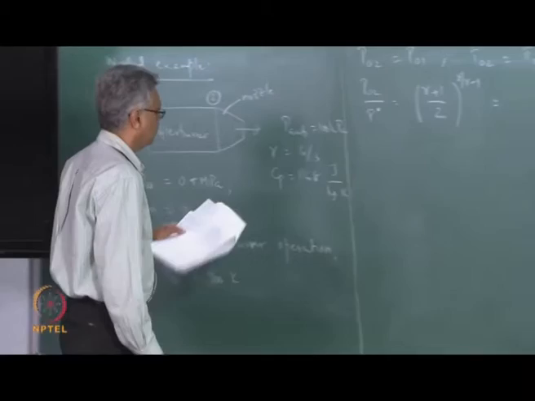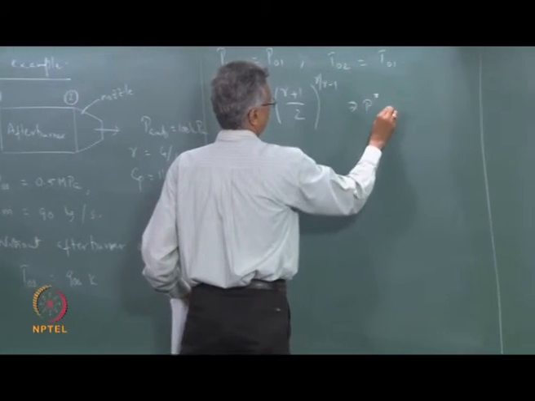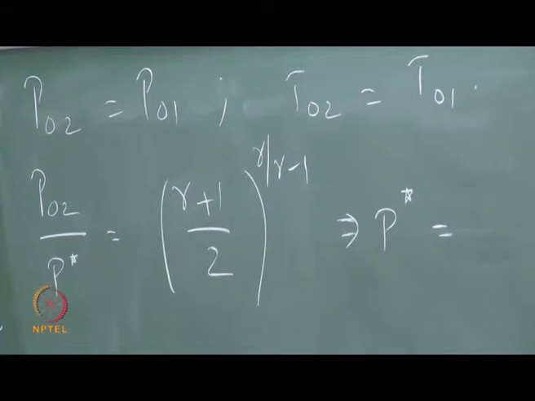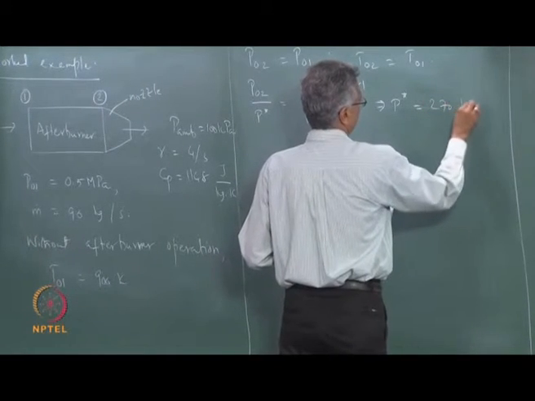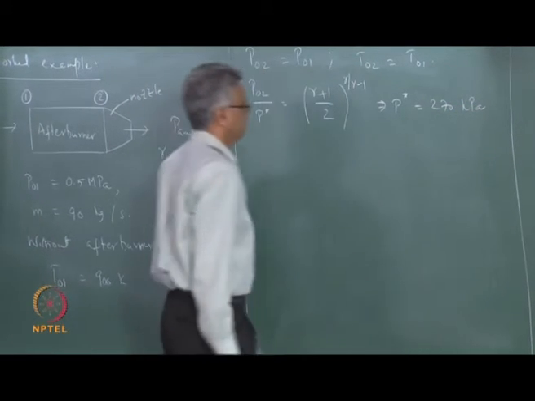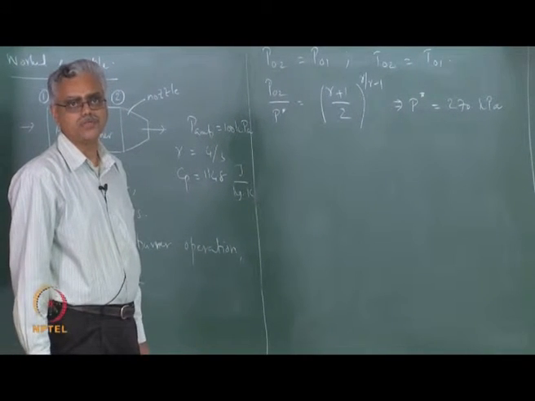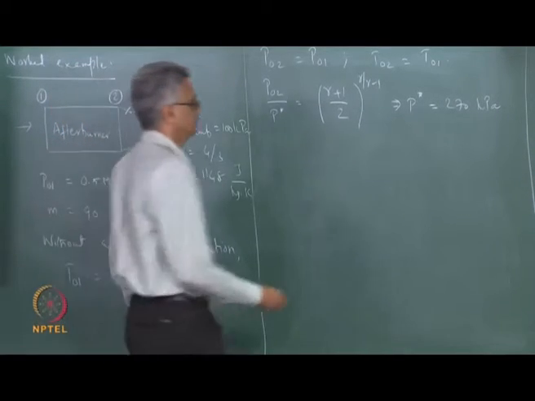And if I calculate this, from this, if I calculate P star with the value of P02 that I have, I get P star to be 270 kilopascal, which is greater than the ambient pressure. That means the flow in the nozzle is choked and under expanded, right.